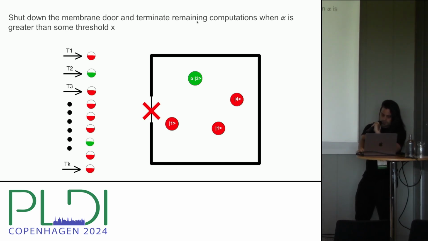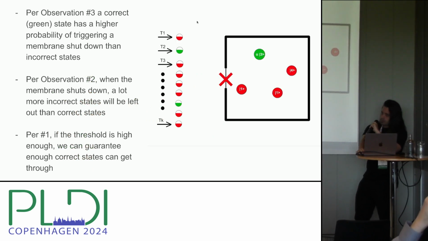Going back to the observations that I've stated, per observation three, which as a reminder is the one about most quantum algorithms manipulating amplitudes to favor correct results, a correct state, that is a green state, will have a higher probability of triggering a membrane shutdown than an incorrect one. So think of Grover: the amplitude of the correct result is much higher than the incorrect one. So if my threshold is high enough, then a correct state will trigger the shutdown.